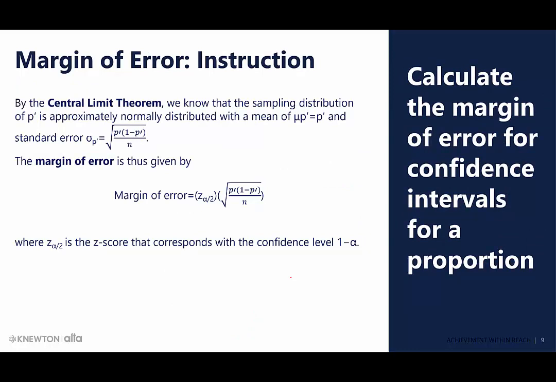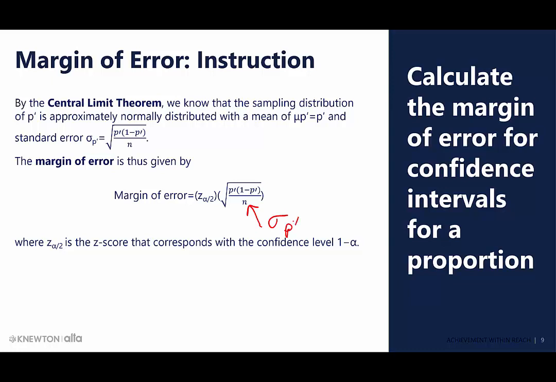So you know that when it comes to finding a confidence interval, we need a point estimate plus and minus the margin of error. It turns out that the margin of error for a confidence interval dealing with proportions is, we're back to the z distribution. You take z alpha over 2 and multiply it by sigma p prime, that's that standard error.